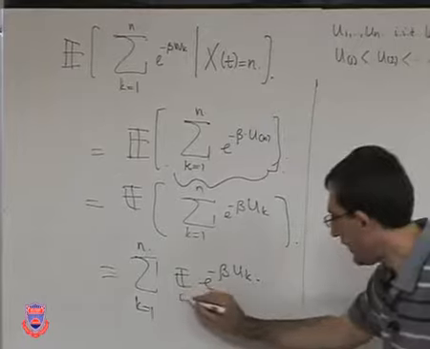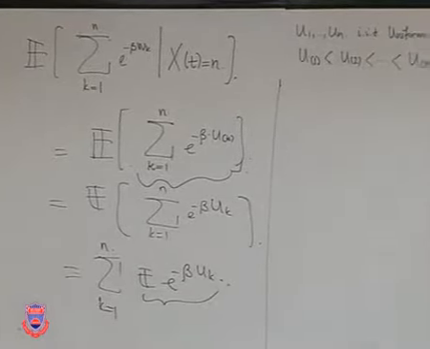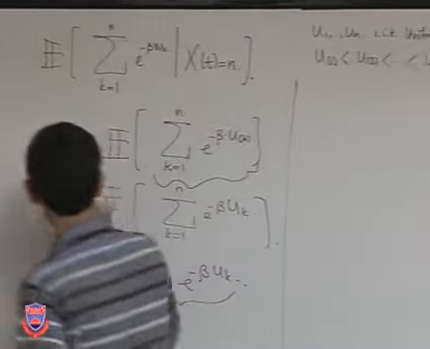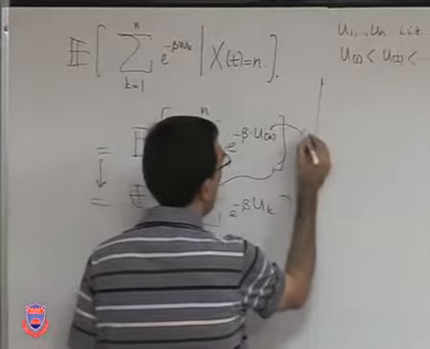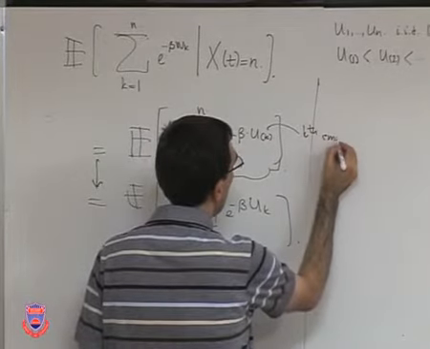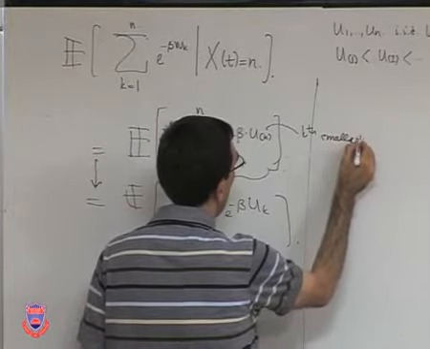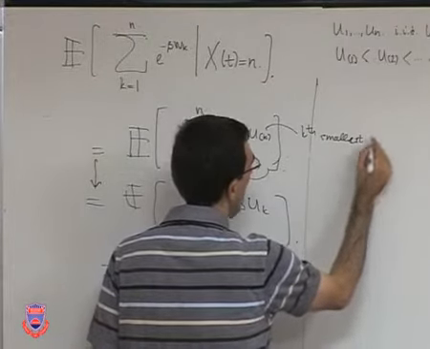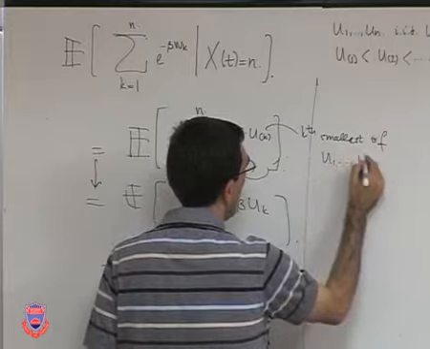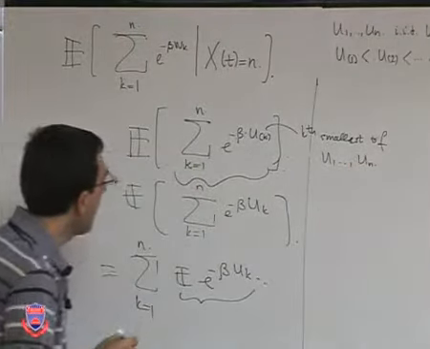And okay, let's calculate it. What have we changed from the second line to the third line? Well, what is this? This is the kth smallest of u1 through un, right?